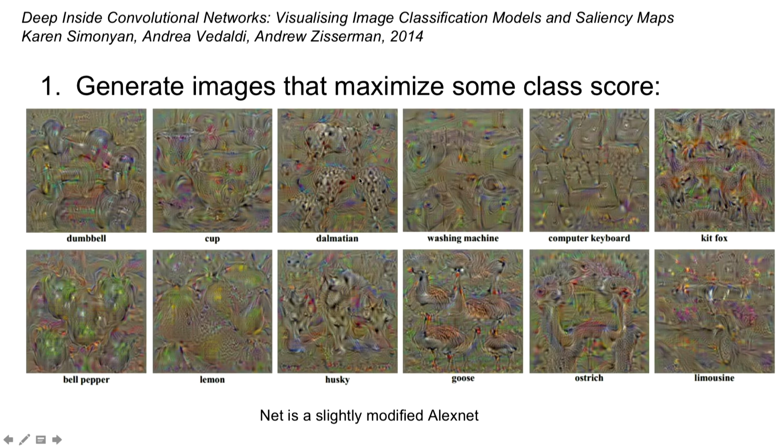For the Dalmatian, you can see parts of a Dalmatian dog, but generally it's a little bit, well, psychedelic could be one word to describe it. Not really close to a faithful image, but still perhaps promising. There are some reasons why these look so mixed up. Still, they might be enough to give you at least some intuition of what the cell is responding to.